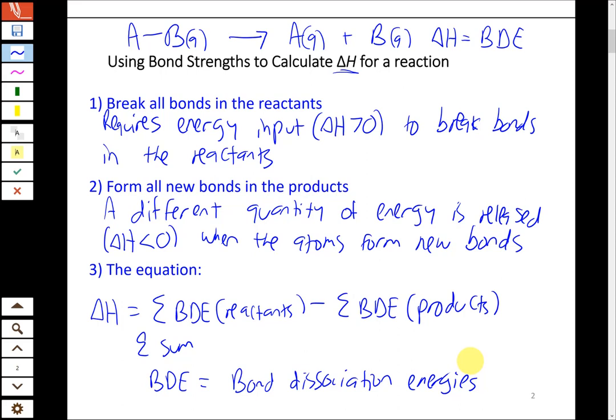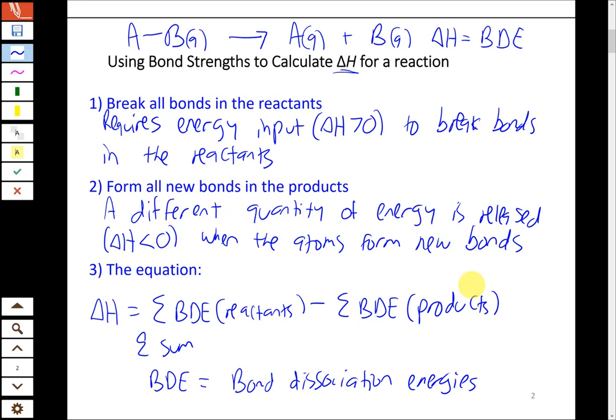The other difference is that when you're using bond dissociation energies, unless it's a diatomic molecule, it's not going to just have one bond dissociation energy for that molecule. You have to add up all the individual bonds that are in that molecule. It's not going to be just one value for the whole compound unless it's just a single bond between the two. So you have to make sure you account for all the different bonds that you have on the reactant side and all the different bonds you have on the product side, which in many cases the molecules will have more than one bond.